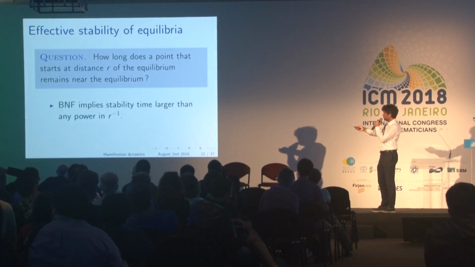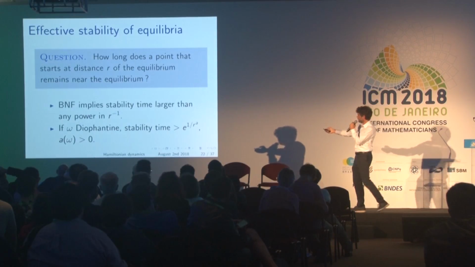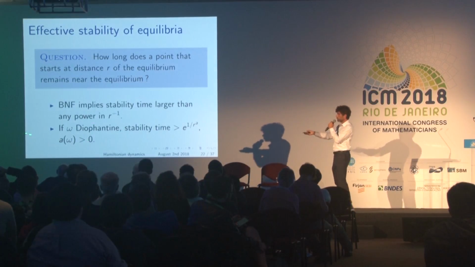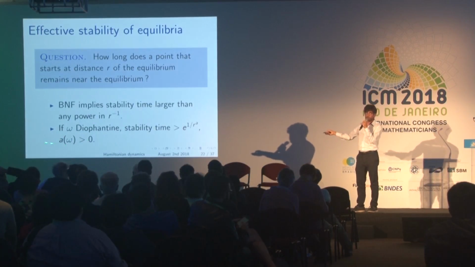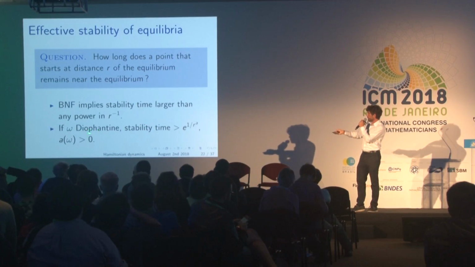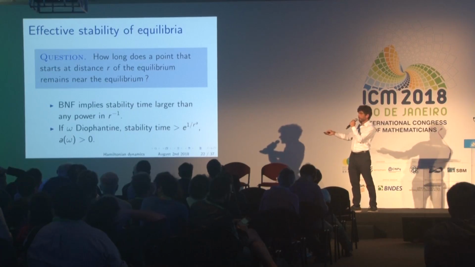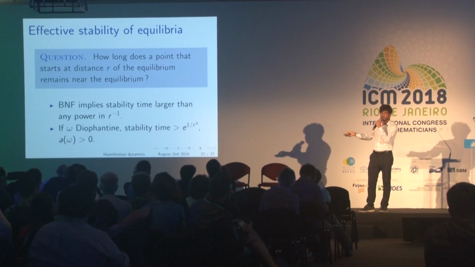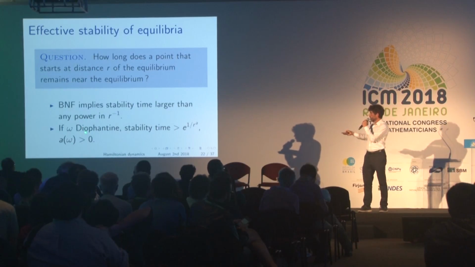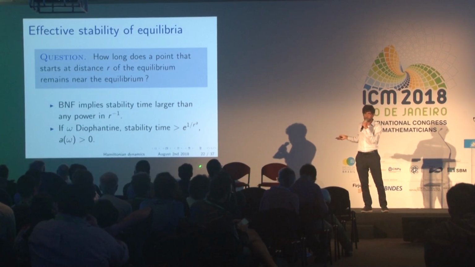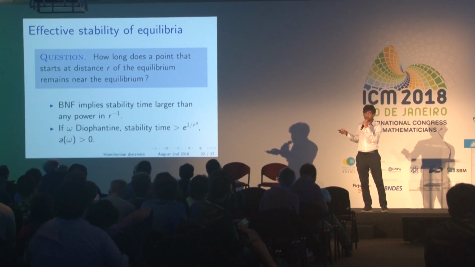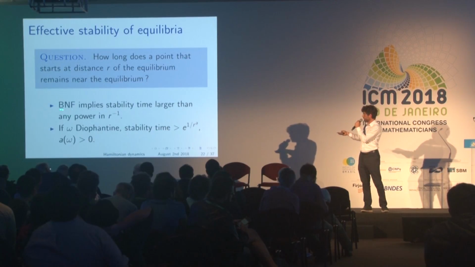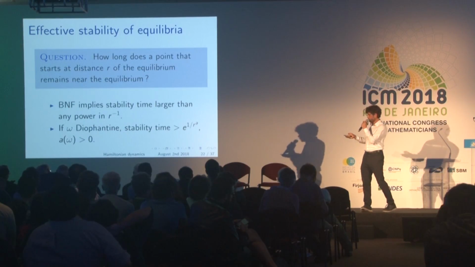So you see this estimate here. This is true under just the Diophantine condition. It doesn't depend on the Taylor expansion at the fixed point. If no steepness condition is imposed, we believe this is the optimal condition.